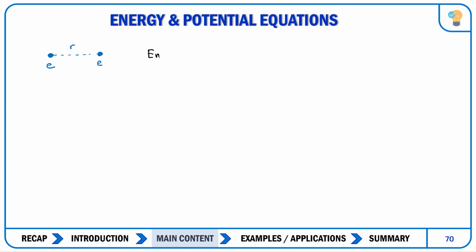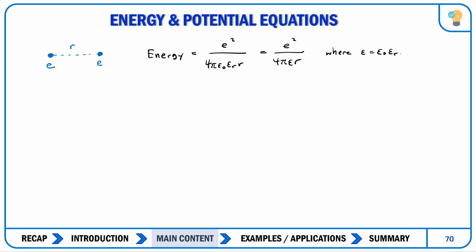So the energy is going to be e squared over 4 pi epsilon naught epsilon r, which is equal to e squared over 4 pi epsilon r. So we simply want to combine this into the absolute permittivity. So absolute permittivity is equal to epsilon naught epsilon r.